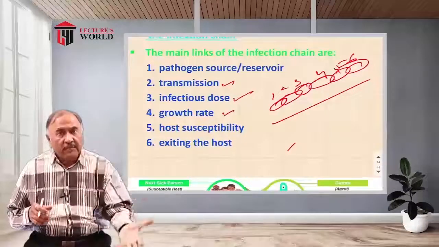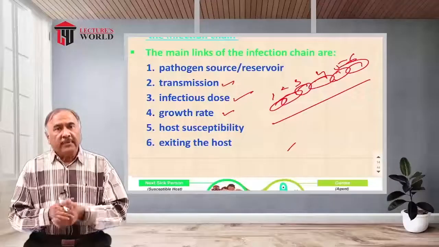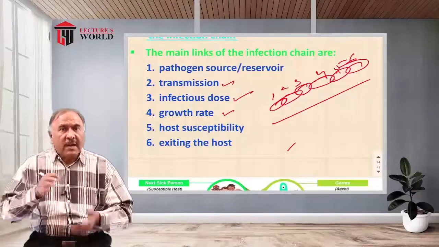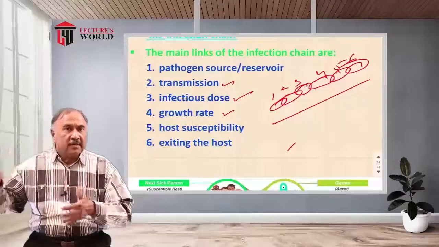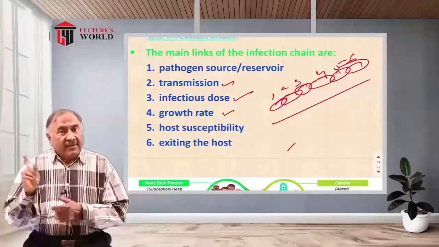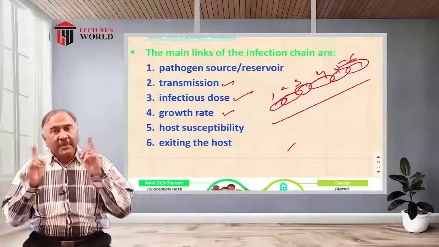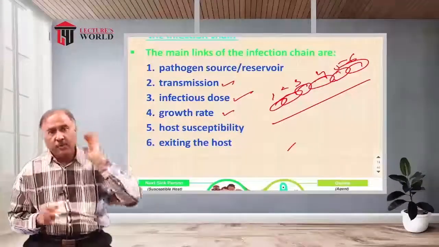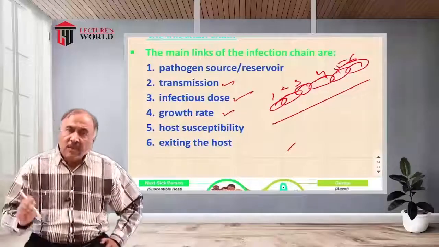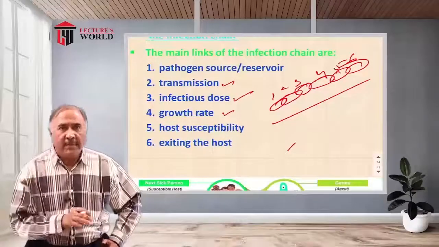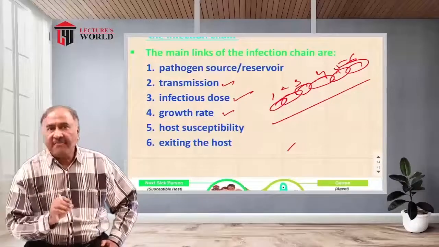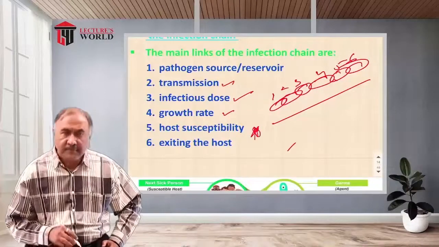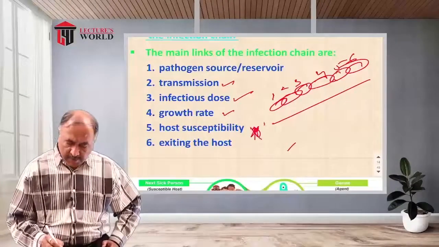It should be possible to cultivate it in the laboratory. Then when the same pathogen is entered into a fresh host or a susceptible host, that susceptible host should show the same kind of symptoms as its predecessors would show. And this is only possible if the host is susceptible. If the host resists the infection, then the chain will be broken here. The chain would be broken.